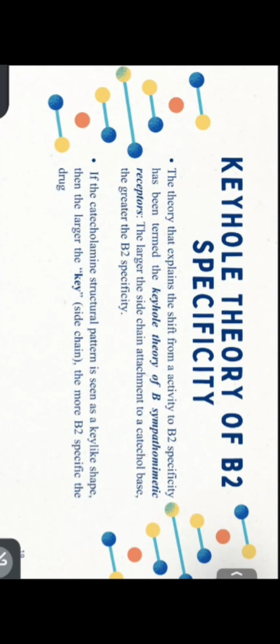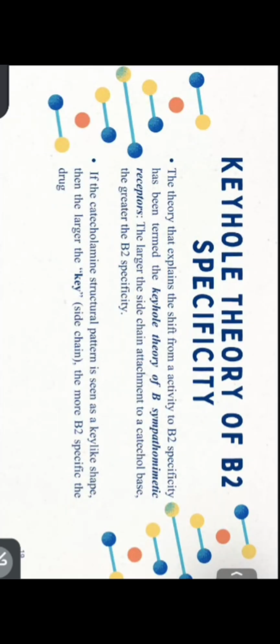And from then, kapag mas mag-fit siya sa beta-2 receptor, then mas magkakaroon tayo ng beta-2 selectivity. And from that, since known yung beta-2 receptors natin for causing bronchodilation, then we expect na magkakaroon ng bronchodilation and then mas bababa yung heart stimulation natin or hindi gaanong mag-contract yung heart natin.